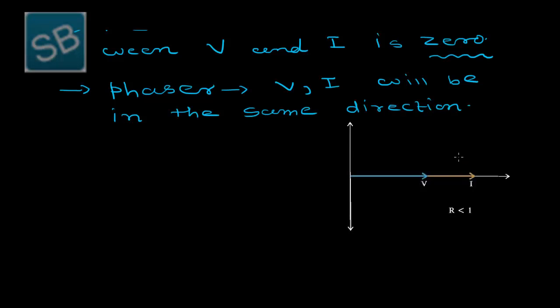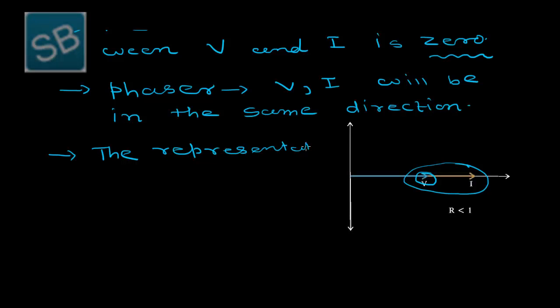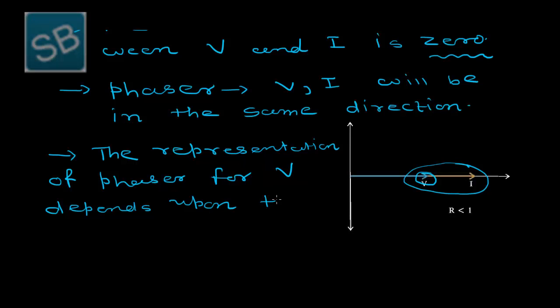The phasor of voltage V can be drawn by knowing the phase difference between V and I. So the notation or the representation of phasor for voltage V depends upon the phase difference between voltage V and current I.